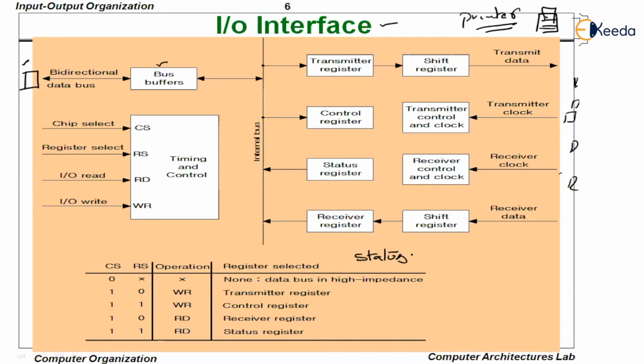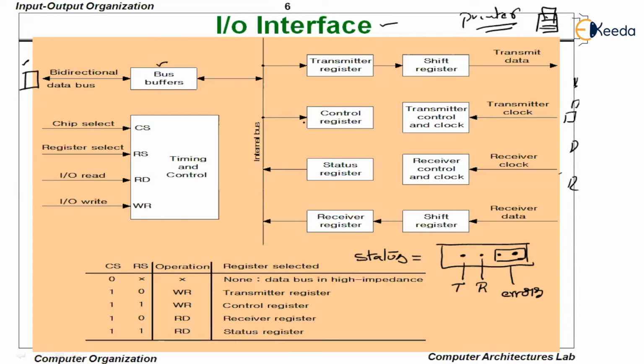Status register will have 4 digits. One will be used for the transmitter register. One will be used for the receiver register. The next 2 will be used for recording the errors.